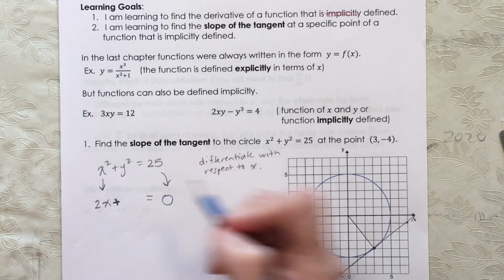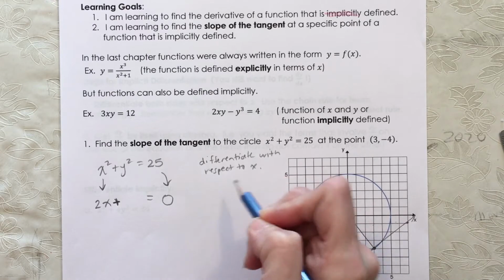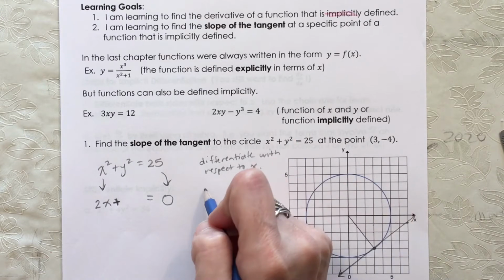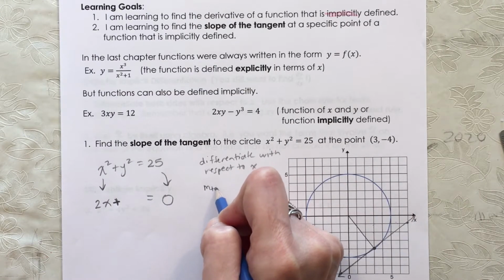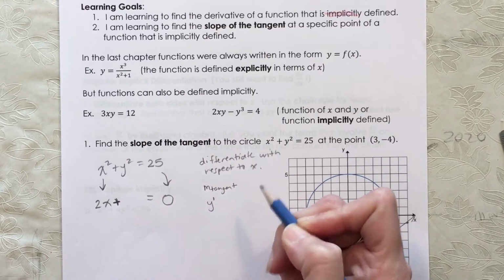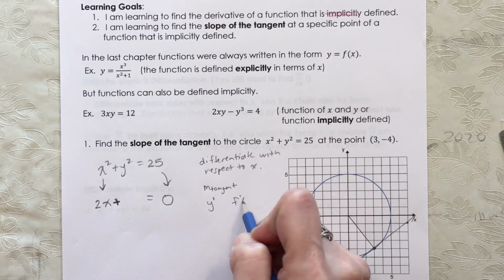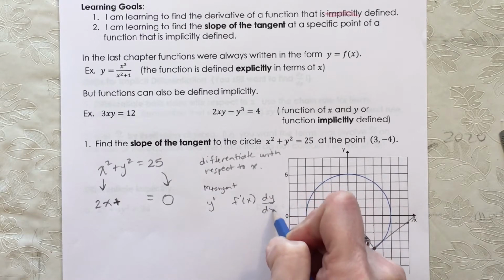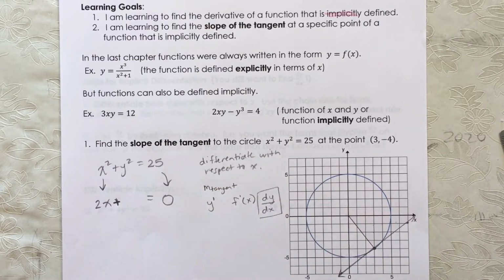Okay, so if you remember back to when I first introduced you to all the ways we could write what the slope of the tangent was, we could write m tangent, y prime, f prime at x, and then there was this Leibniz notation, dy by dx, and that's the one we're going to use when we're implicitly differentiating, just because it stands out.